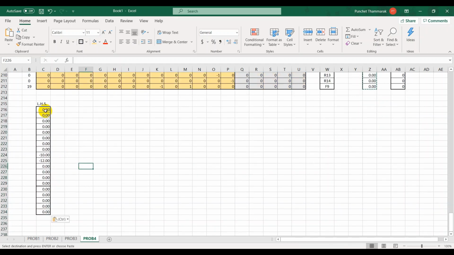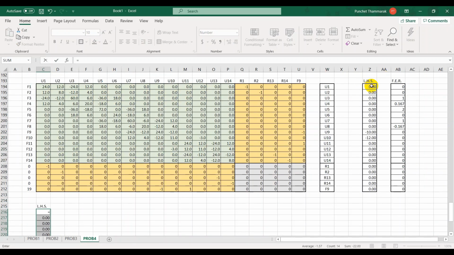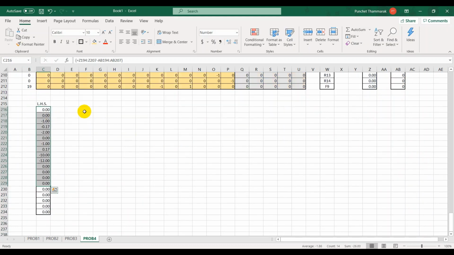Okay, so this is equal to this minus fixed end reaction. So it is the external force minus fixed end reactions.